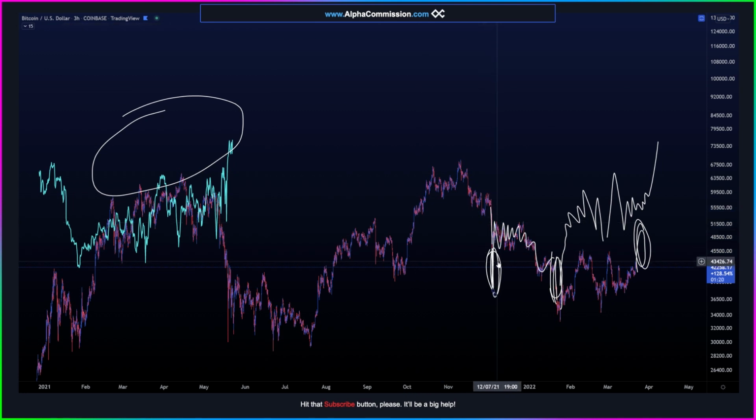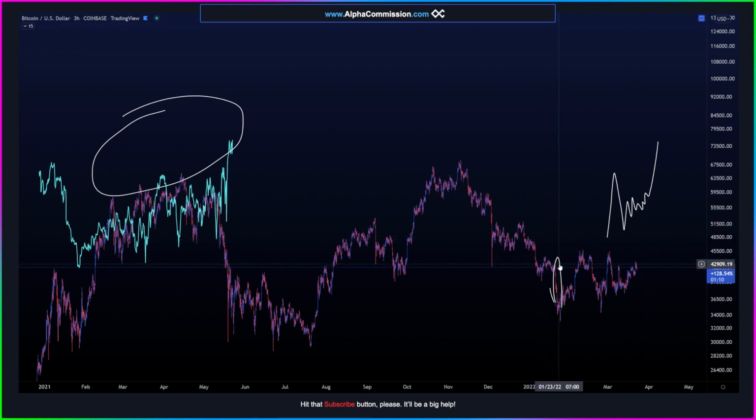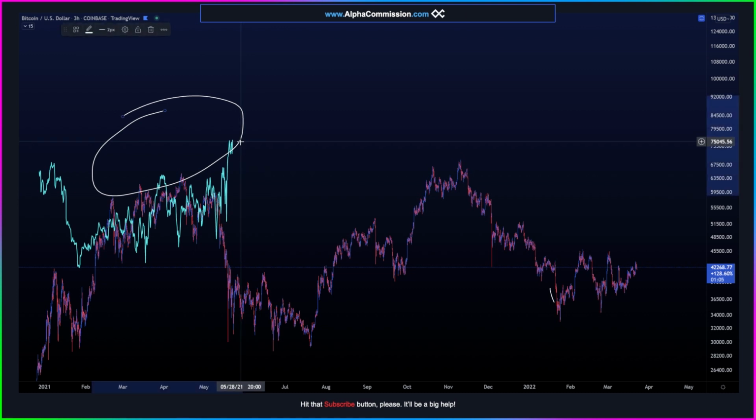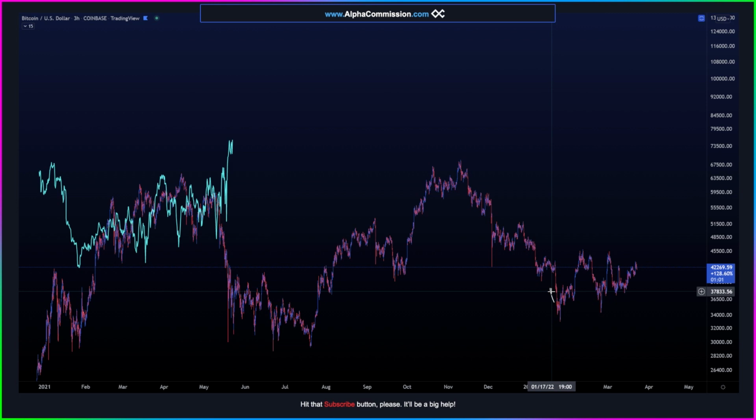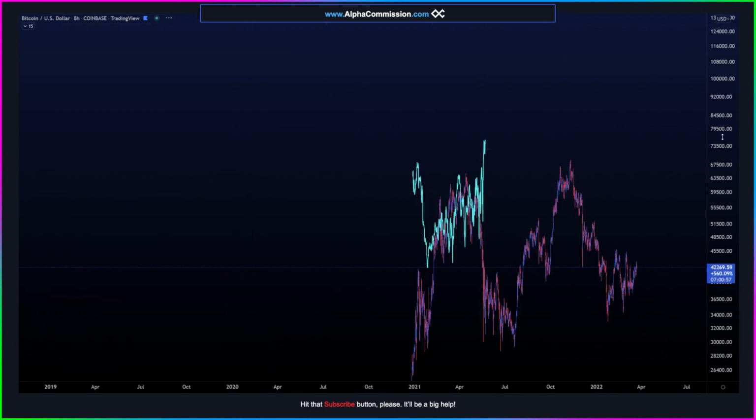Now, does that mean that we're not going to crash down if the stock market crashes, or if there's a global recession, or if there's a nuclear war? No, no, no. I'm just saying that this market is as poised to take off as it is to potentially pop down on the instability of other factors.